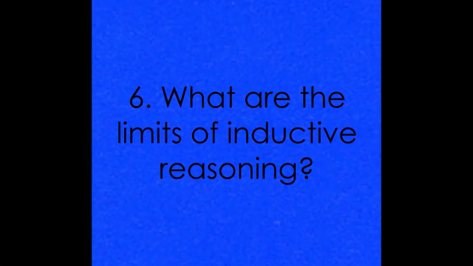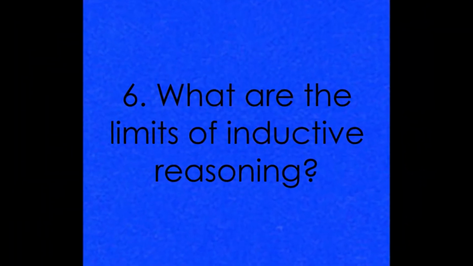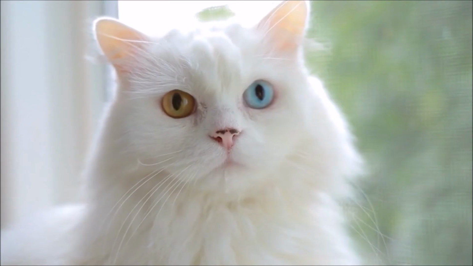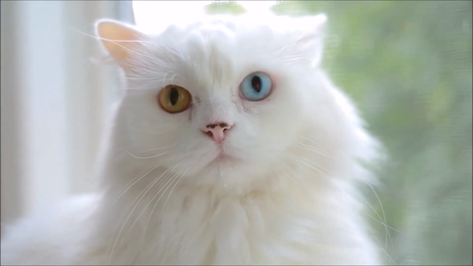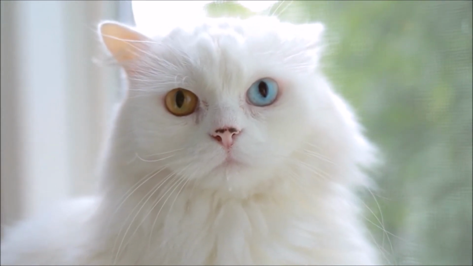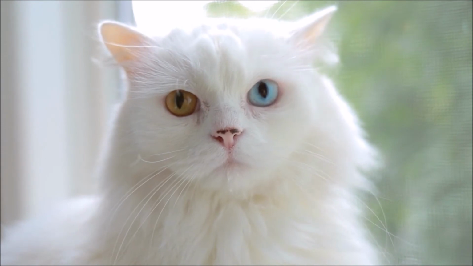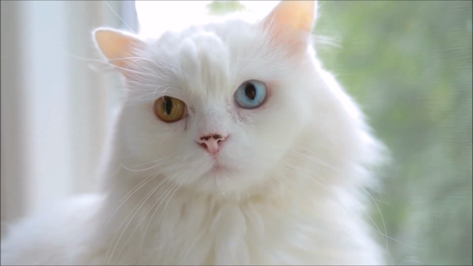6. What are the limits of inductive reasoning? One weakness of inductive reasoning is that you're only able to establish theories based on limited evidence or knowledge. For example, if you observe 100 cats and notice they all hiss at dogs, you may conclude that every cat will hiss at dogs.